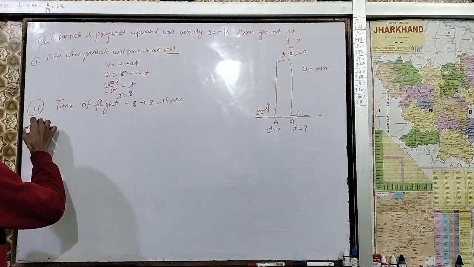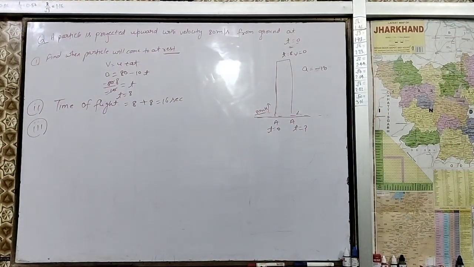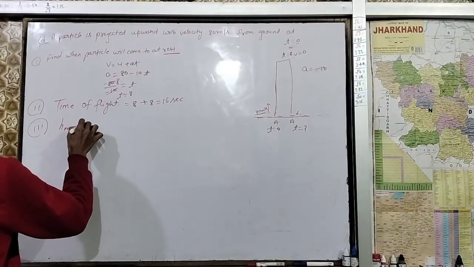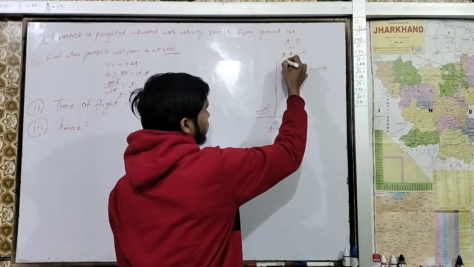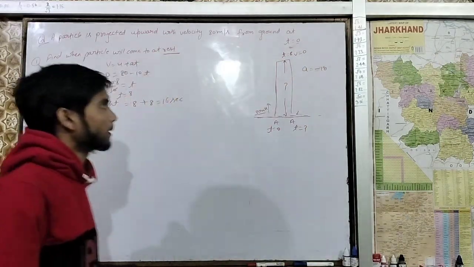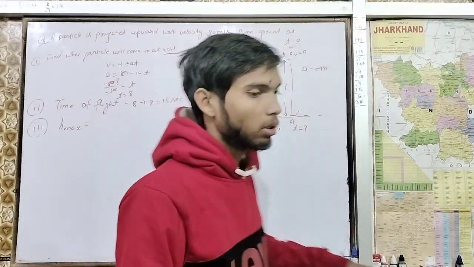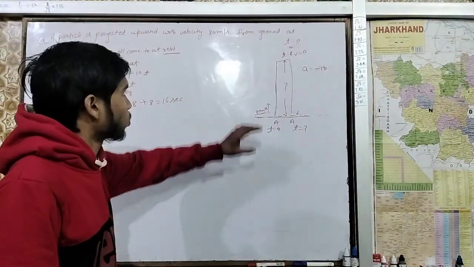Now the third question. H max means maximum height. It is talking about from here to here, this maximum height. Of course, we want the displacement from the ground till the point where velocity becomes zero.